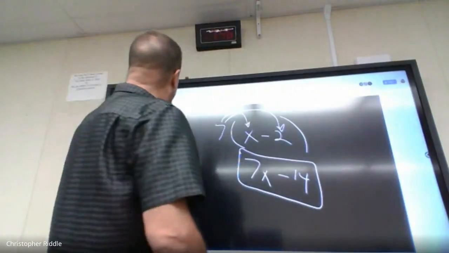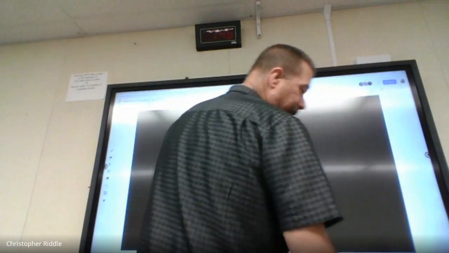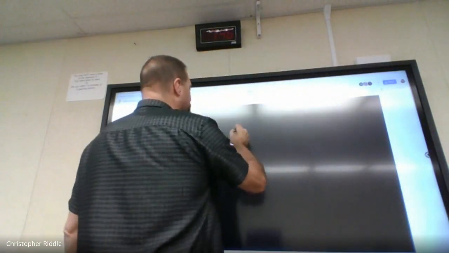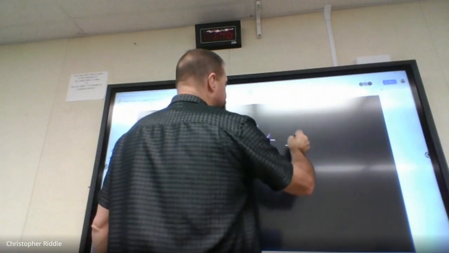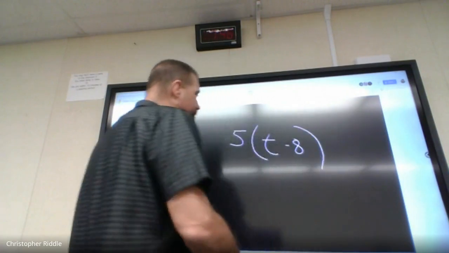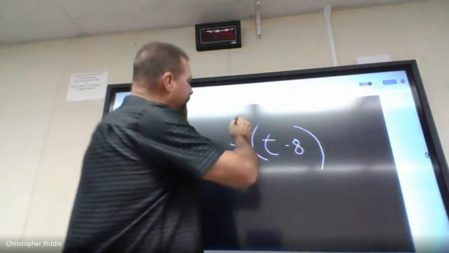All right, let's check out another one. If we have 5 times (t minus 8), Ashley, we're going to multiply 5 times what? 5 times t, which makes 5t.